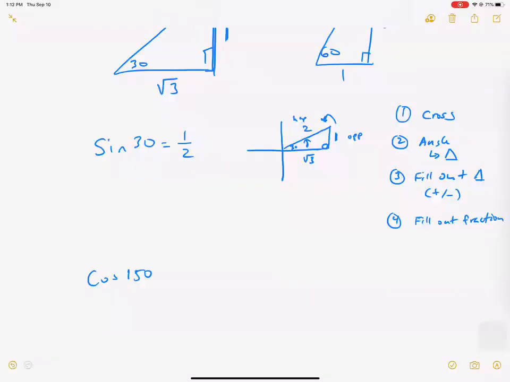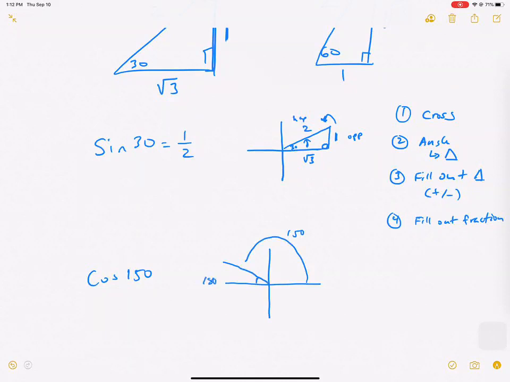Okay, our next question is cosine of 150. So first, step 1, draw angle 150. 150 is on the other side. If this is 150, what's my reference angle? What angle is left over?